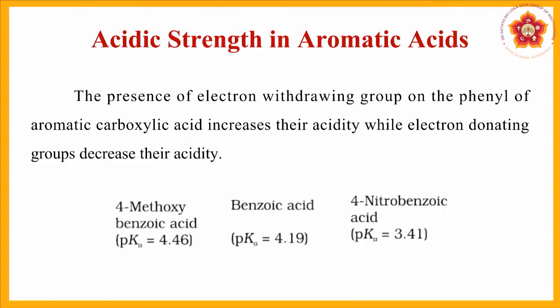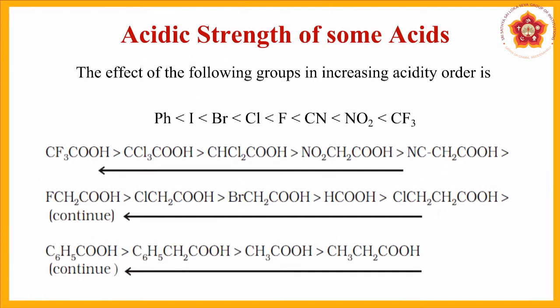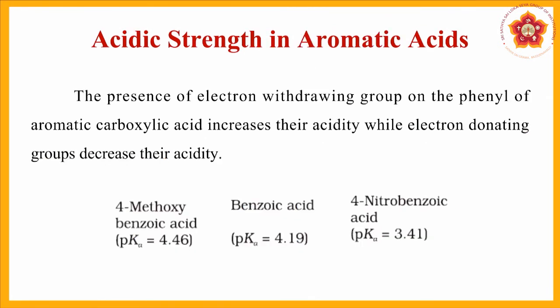And you have already seen this in the earlier series, that if you especially see the last column, benzoic acid, that is C6H5COOH, was present at a higher acidic range when you compare with the other aliphatic acids which are present. Now, both the effects can be obtained in these cases.